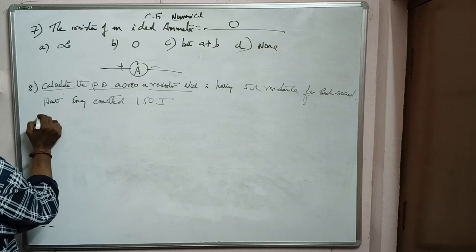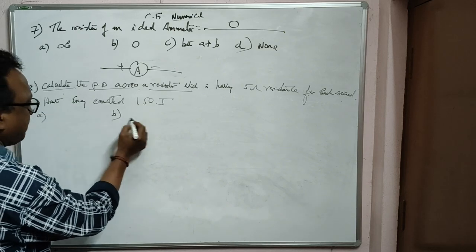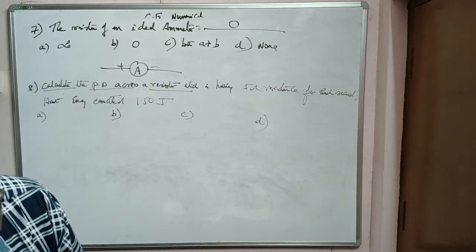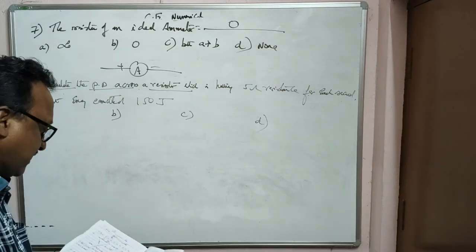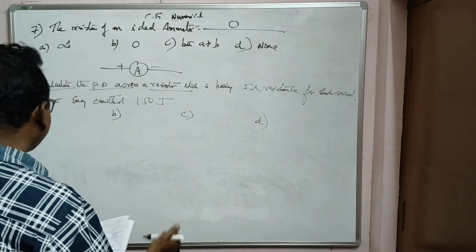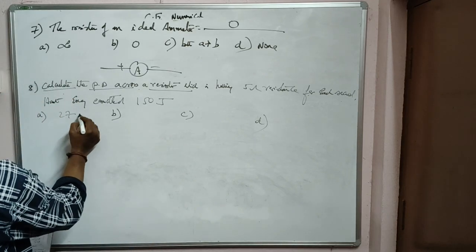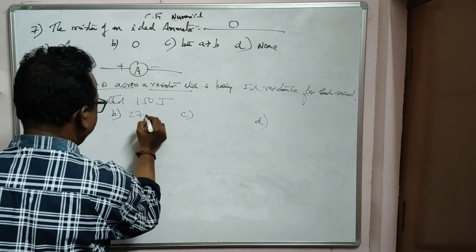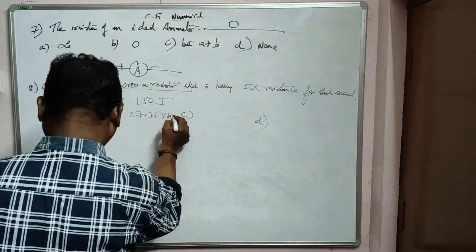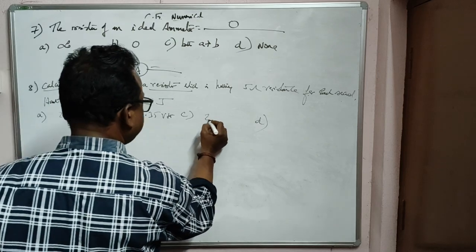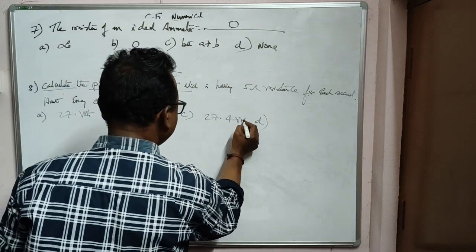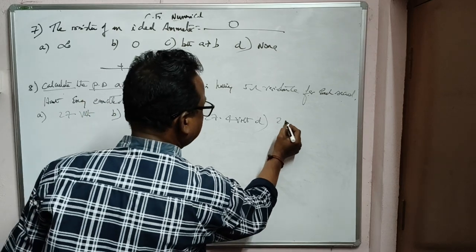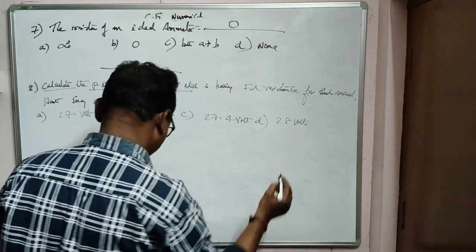Very, very easy one. He has given choices also, A, B, C, D. First write the choices, then I'll give you the solution. He has given answers as 27 volts, 27.35 volts, 27.4 volts, and D, 28 volts.